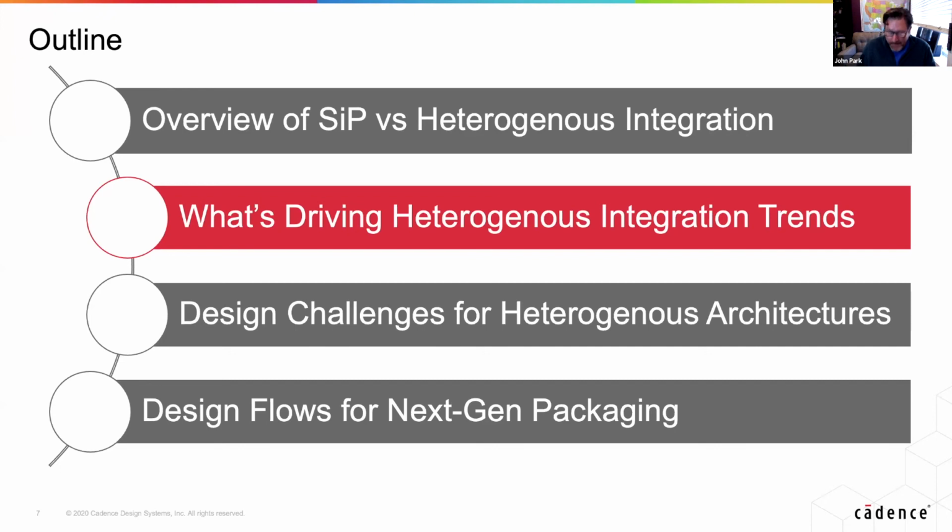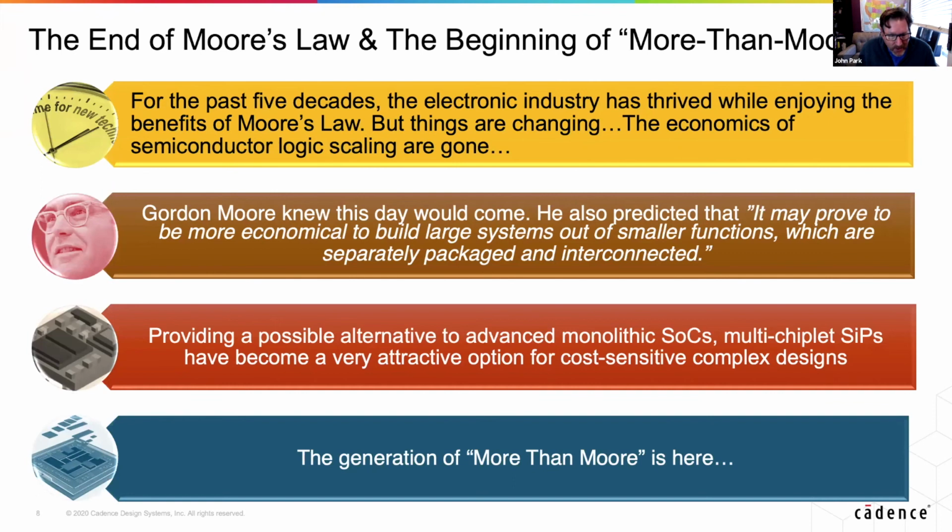Great. All right. Okay, let's talk about why this is happening. I think probably a lot of people on the call are aware of this, but for the few that are not, we've been living in this world for 50 years plus. That's called Moore's Law.